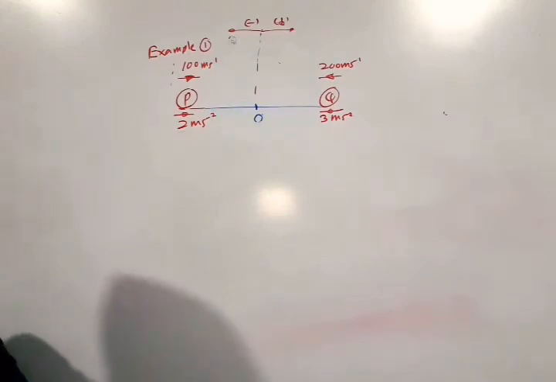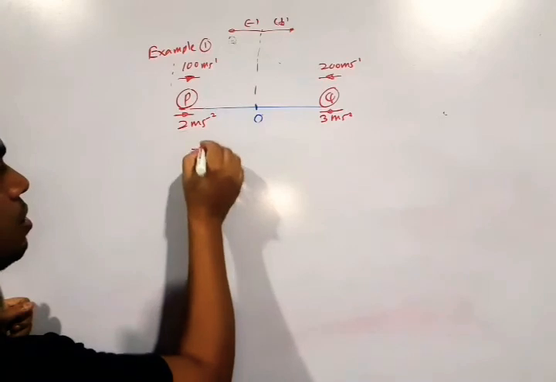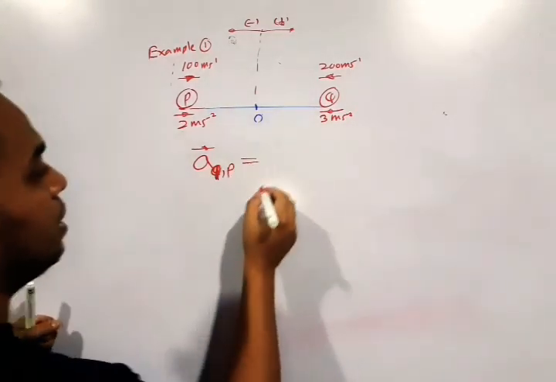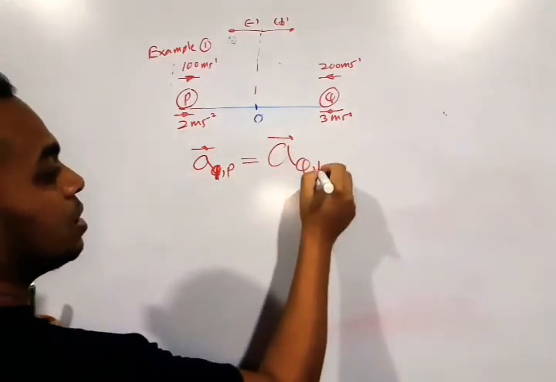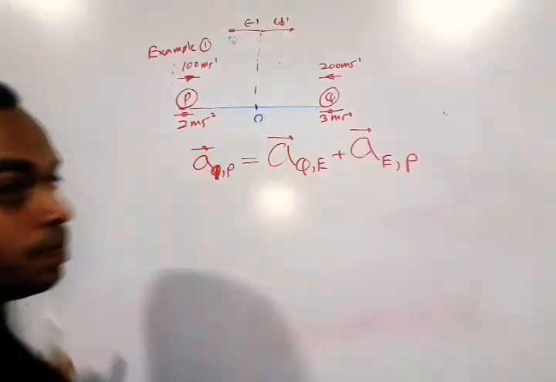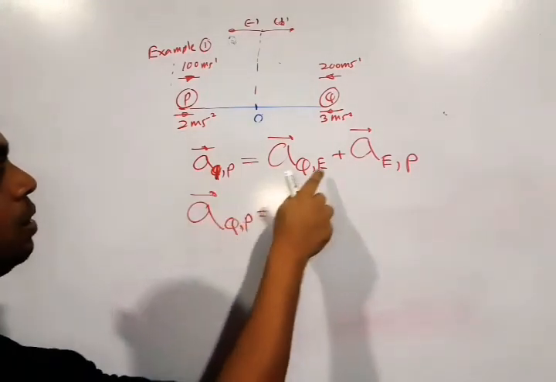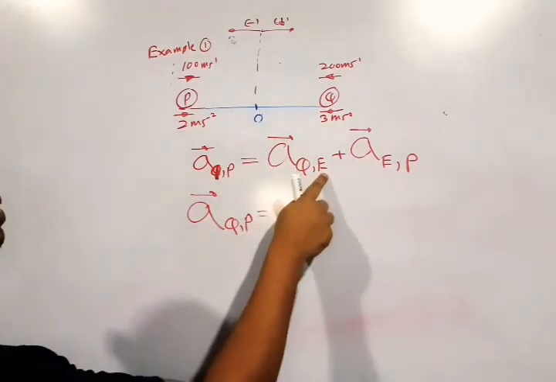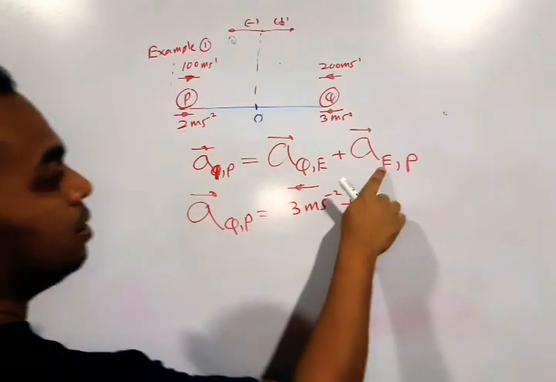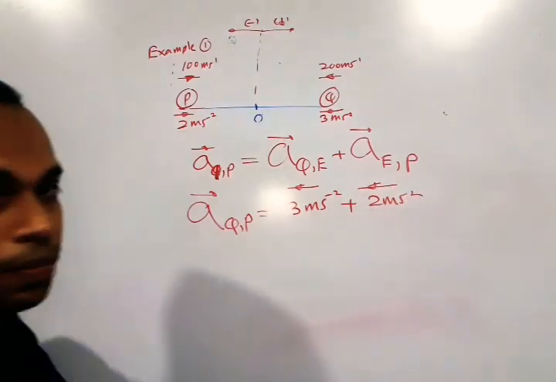If you want to calculate the relative acceleration, you can use the representation: acceleration of Q with respect to P can be obtained by acceleration of Q with respect to Earth, which is given there, plus acceleration of Earth with respect to P. So acceleration of Q with respect to Earth is 3 meters per second squared in this direction, plus Earth with respect to P would be in the same direction, which is 2 meters per second squared.